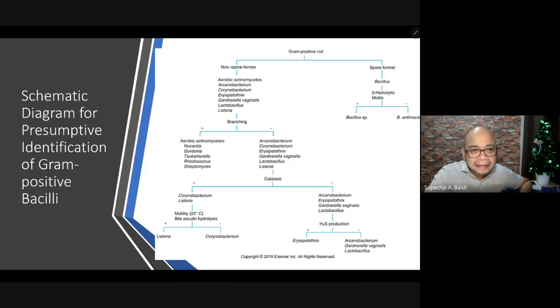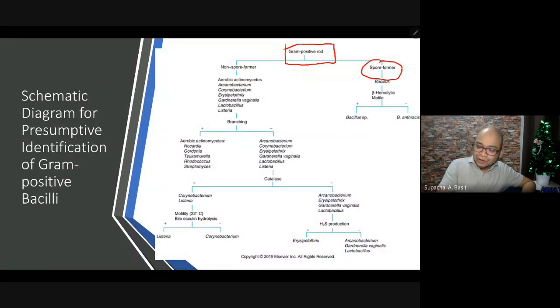This is the schematic diagram for the presumptive identification of a gram-positive bacilli. Obviously, they're all gram-positive rods. When you say spore former, you need to say they have endospore. For those who are spore formers, there's one important genus, and that is Bacillus.